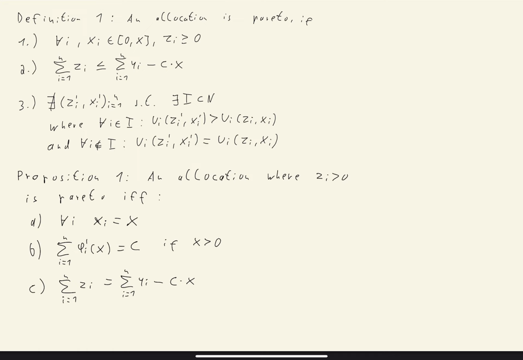We will show that if we have an allocation which fulfills the condition in proposition 1, then also the conditions in definition 1 are fulfilled. This is the necessity part now. And then we have two additional exercises on public goods. So let's start.